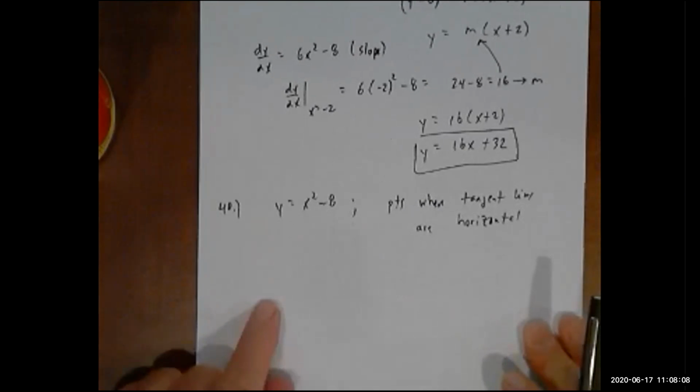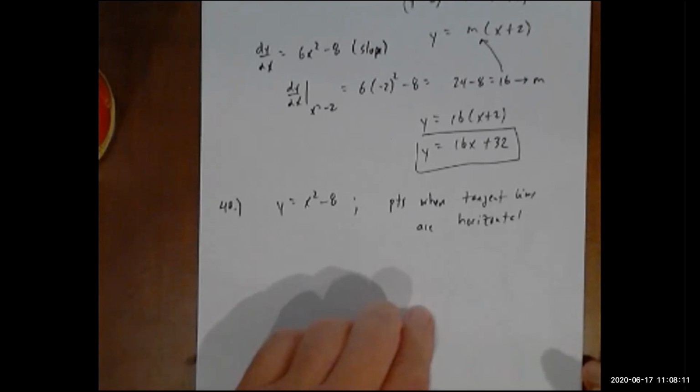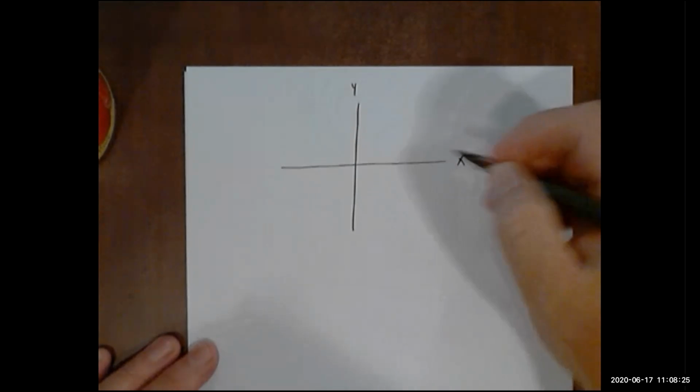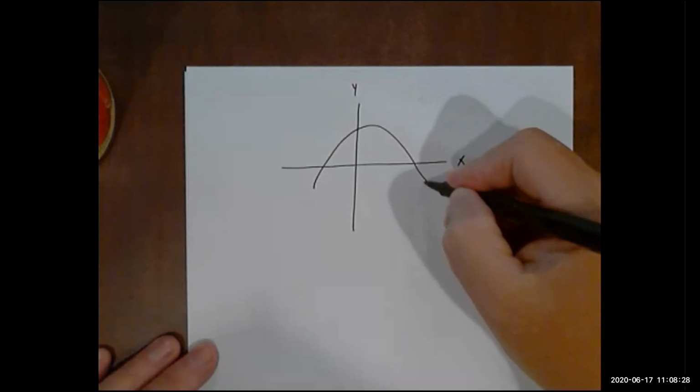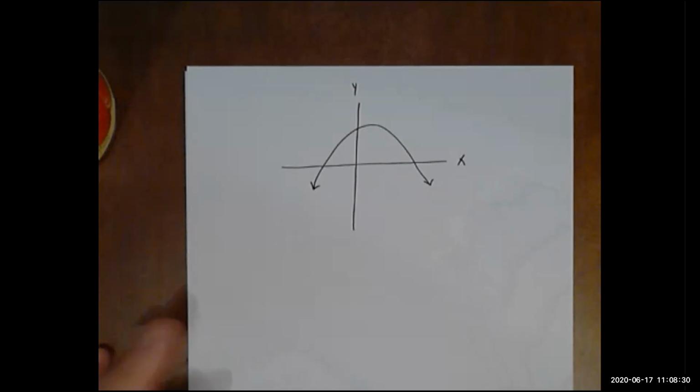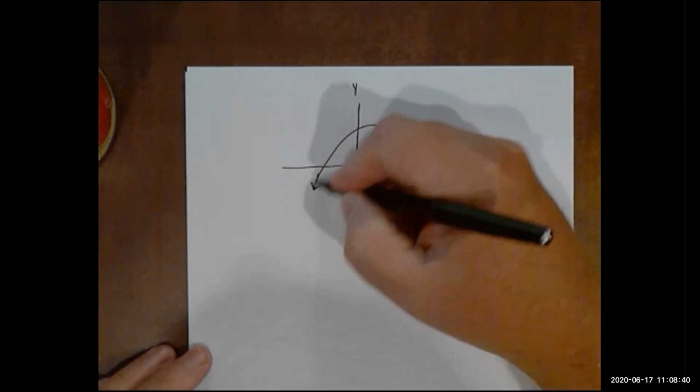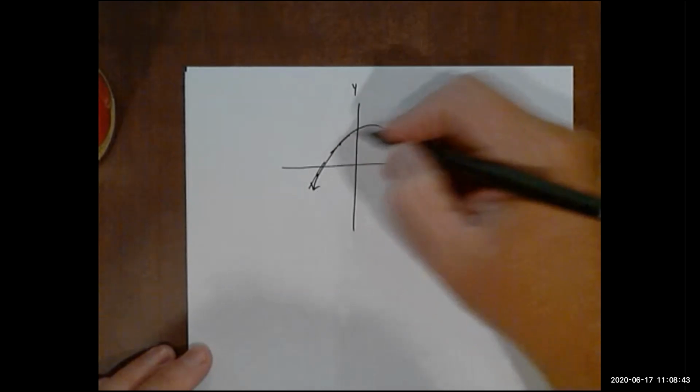So here's the problem, but let me describe what we're actually doing. Once again, the easiest way is just to draw some kind of random graph. And what they're saying is, we could draw a bunch of tangent lines on this graph.